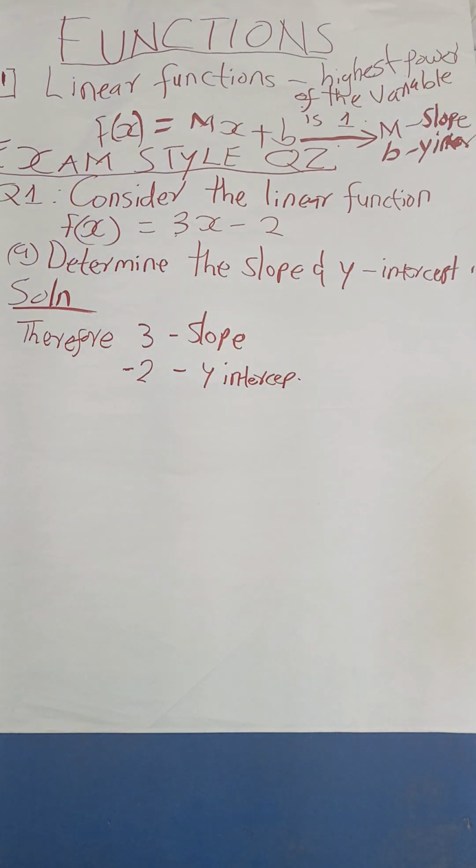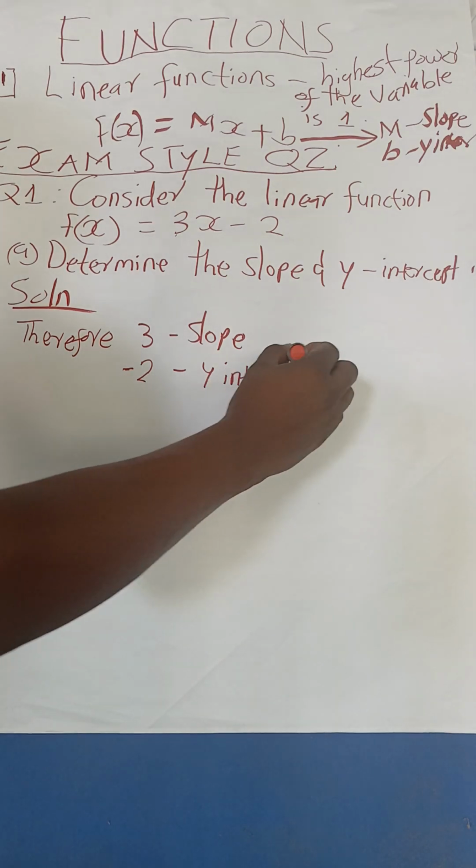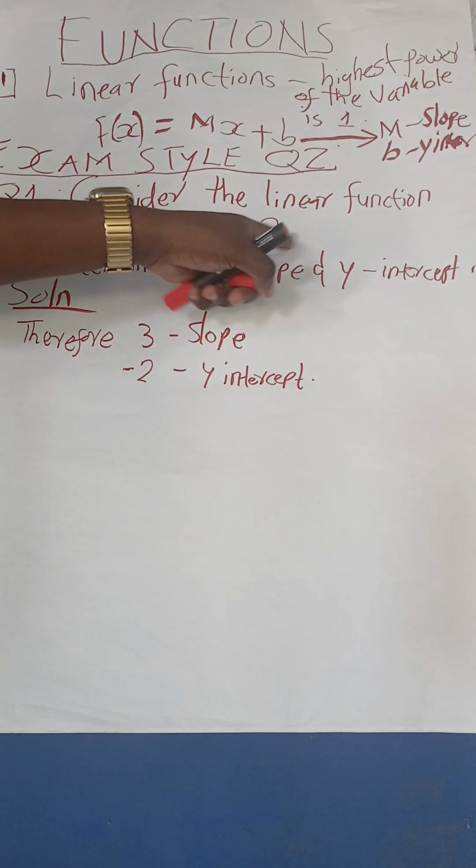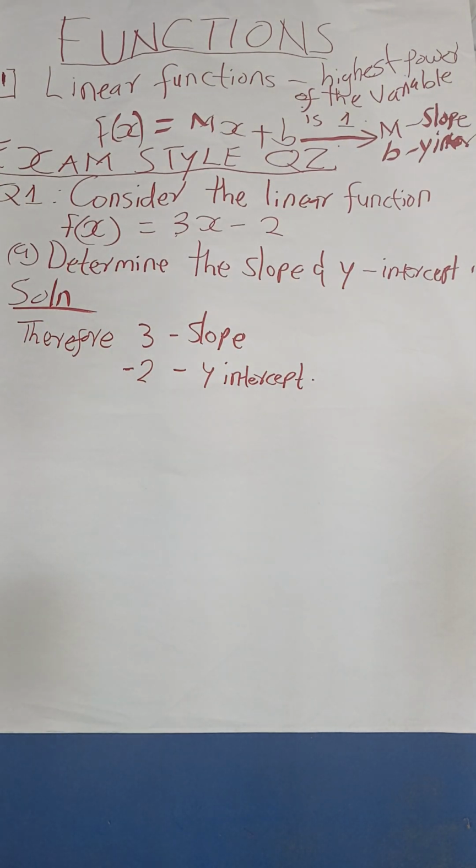That is how you will do that question in case you meet it somewhere. So 3 is the slope and minus 2 is the y-intercept.